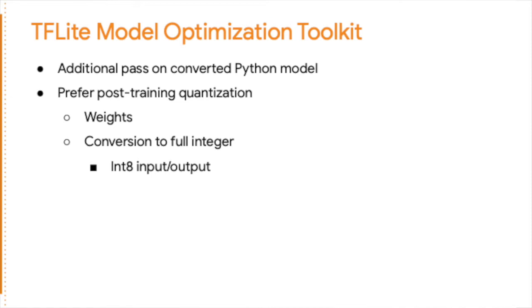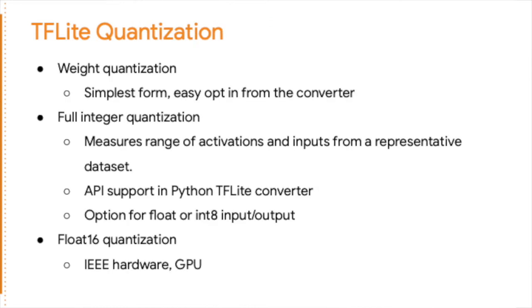And we focused on int8 input and output. We do have a page up on the website which talks about the full quantization specification. And if anybody gets lost on that, feel free to drop me an email at petewarden@google.com. I'll also be sharing these slides with my email address on them.